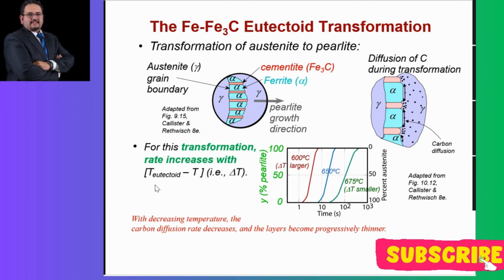Now, can you link this? If you have more time, what would happen to the carbon? If you give more time for carbon diffusion, or if you give less time? Because we know that this is a faster process and this is a slower process, so it will affect the diffusion process, the carbon readjustment. So students, what do you think? Where will you see more carbon? What would be the effect of that?